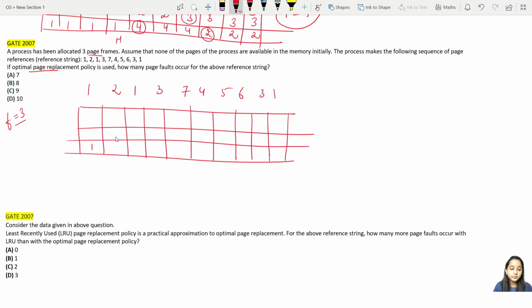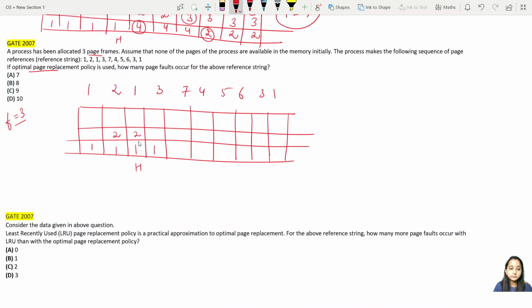So 1 will arrive, then 2 will arrive, then 1 is already there, so a hit will occur. Whenever you need to add a new page or replace a page, only then does a page fault occur.